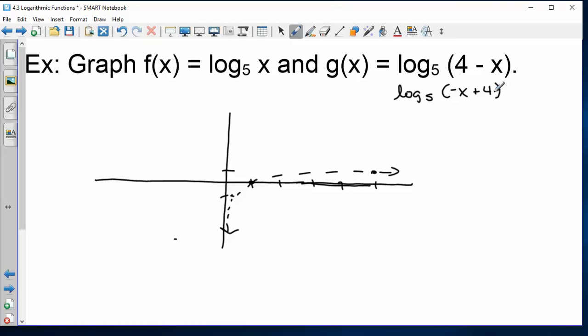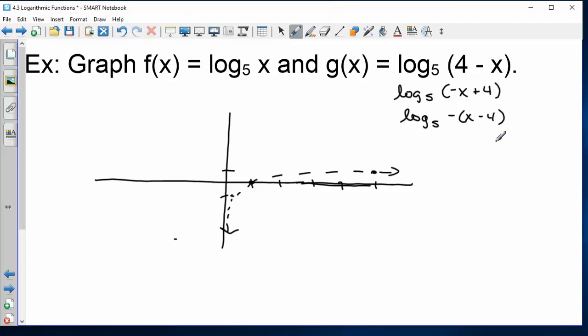You would then kind of be twofold because we have to move left and right as well as the negative on the x. To actually figure out your transformation, you would have to pull the negative out of that.